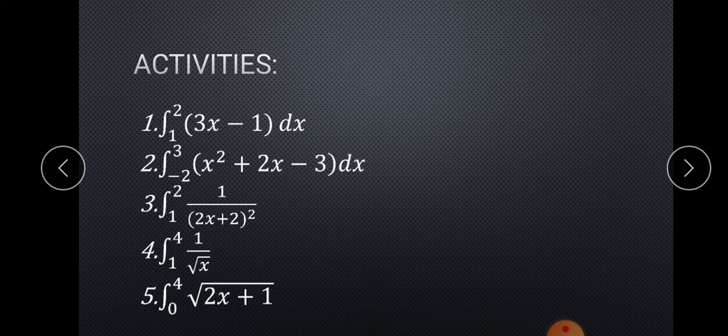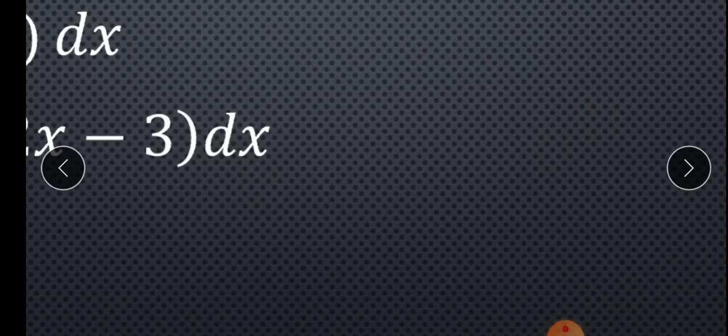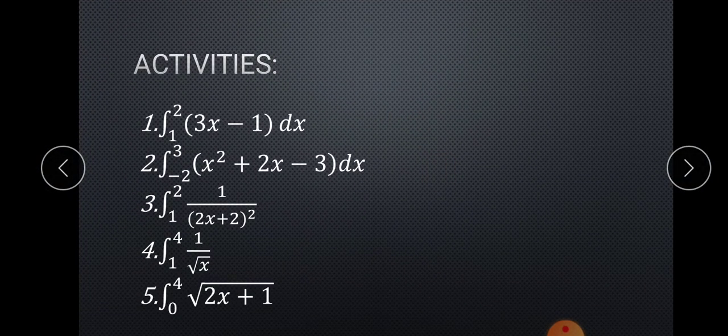Now it's your turn. Activities. Number 1. The definite integral from 1 to 2 of 3x minus 1 dx. Number 2. The definite integral from negative 2 to 3 of x squared plus 2x minus 3 dx. Number 3.